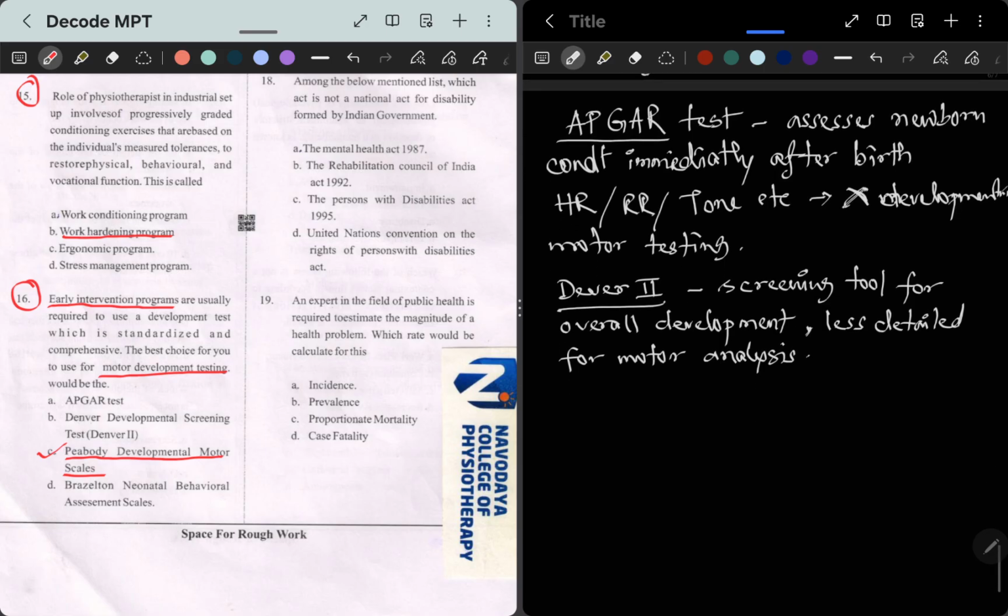And the last one is the Brazelton neonatal behavioral assessment tool. In the name is behavioral. That will not be the motor developmental.